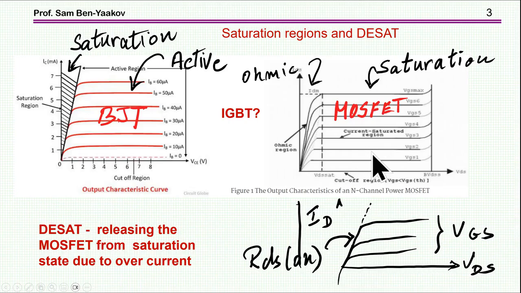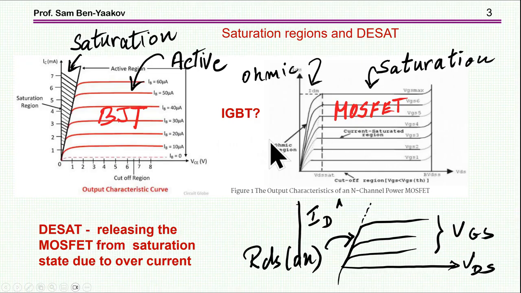Saturation meaning that the device is like a current source. The current doesn't go higher for a given gate to source voltage. And this region is called the ohmic region. So there's kind of a confusion here, because this is saturation here, and this is saturation here.